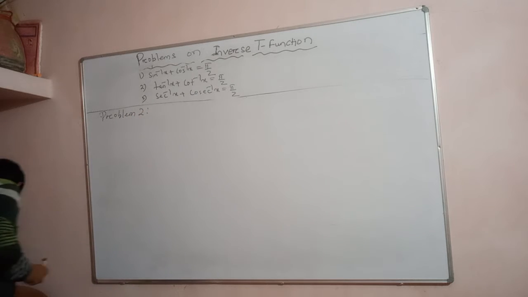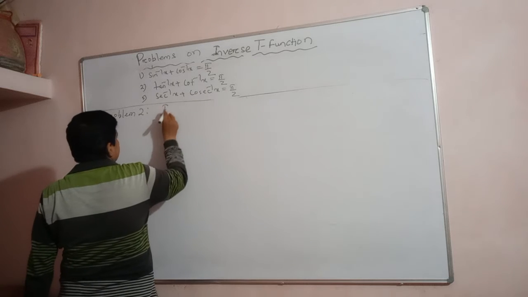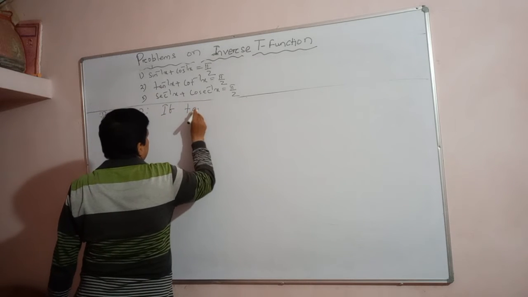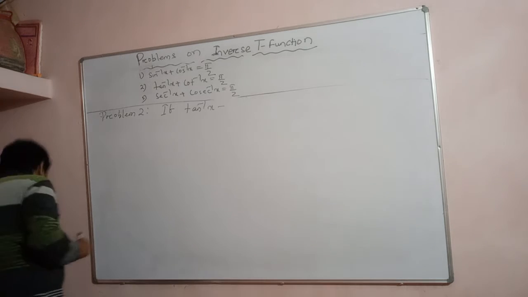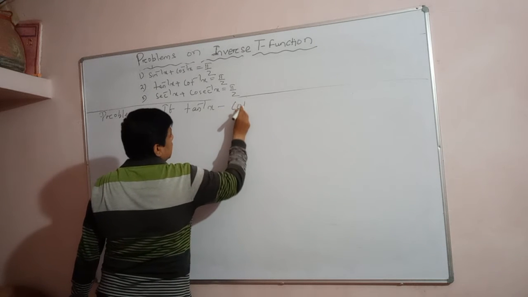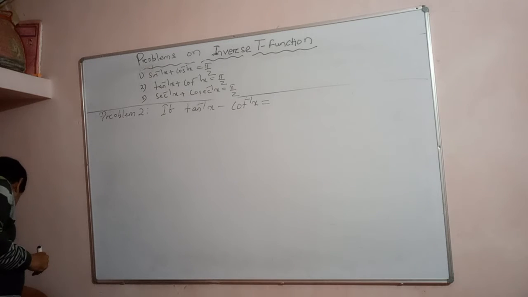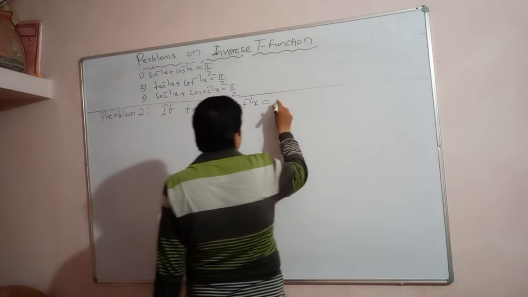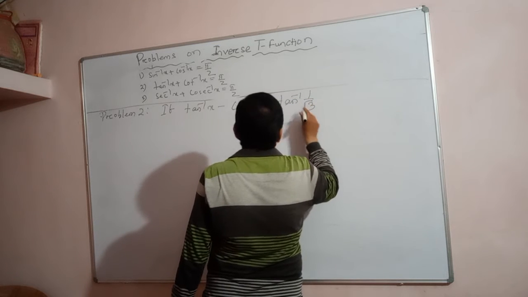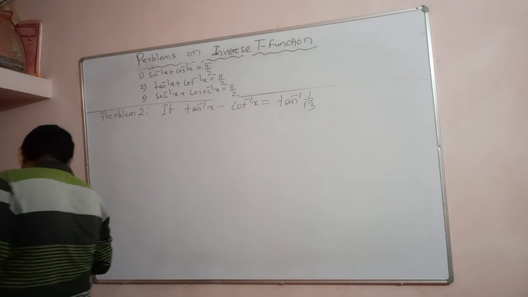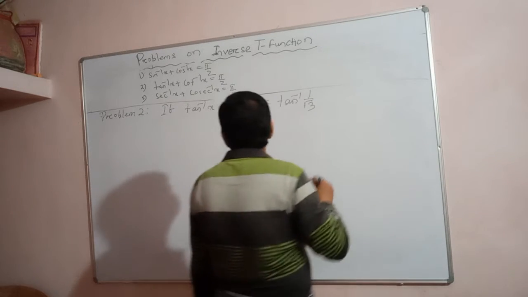It is given that tan inverse of x minus cot inverse of x is equal to tan inverse of 1 upon root 3. Okay. And you find out the value of x.